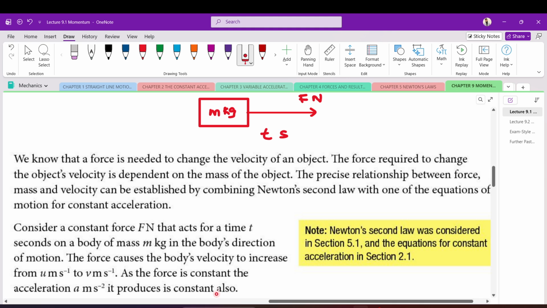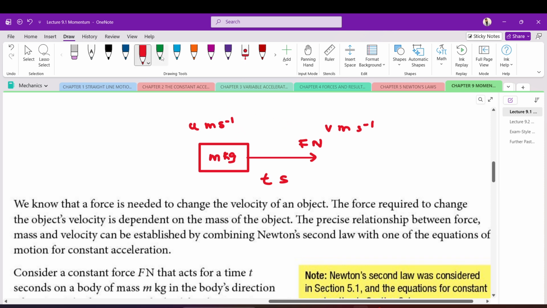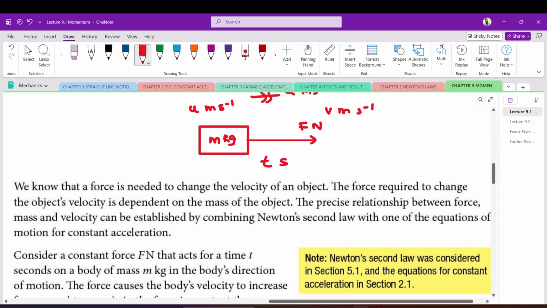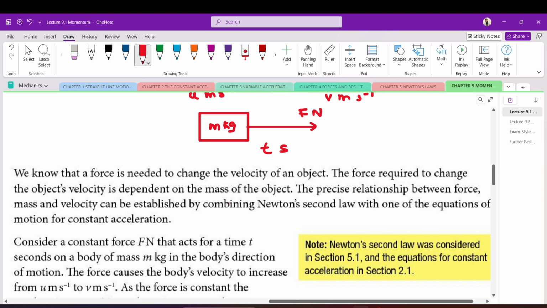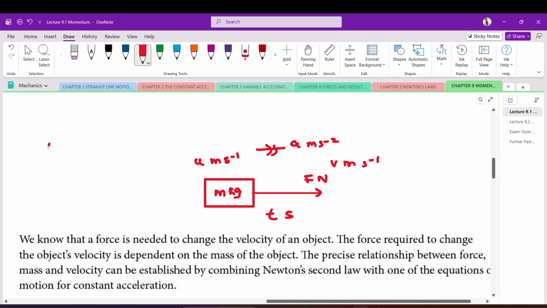So acceleration is constant, which means it's not increasing non-uniformly, but it's a uniform acceleration. Throughout this journey, the acceleration will be a meters per second squared, which is constant. Now, if I need to work out the resultant force, I can use the equation F is equal to ma. So let's work that out here.